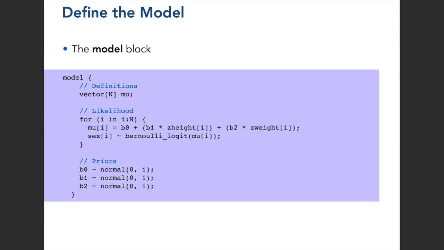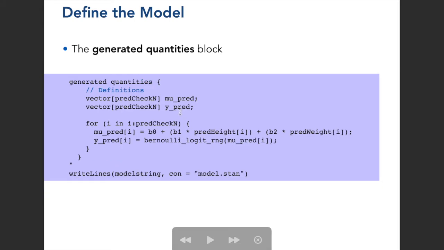Okay, so normally our model would be done here, but now what we can do is add this generated quantities block. And this will do our posterior predictive checks for us. I'm going to walk through it backwards. It's going to look almost exactly the same as our likelihood, except now our sample size is different.